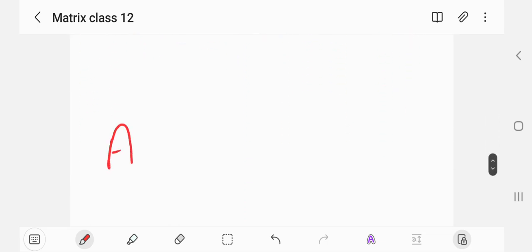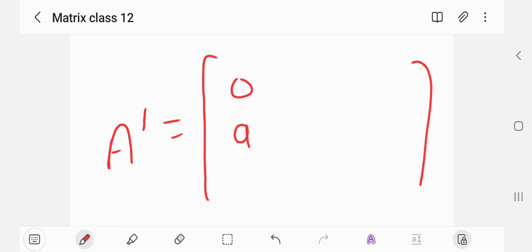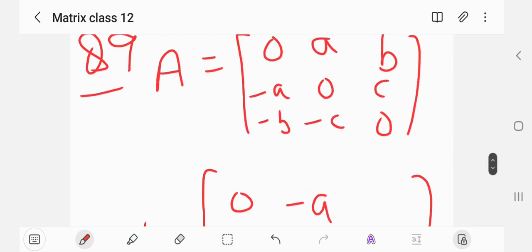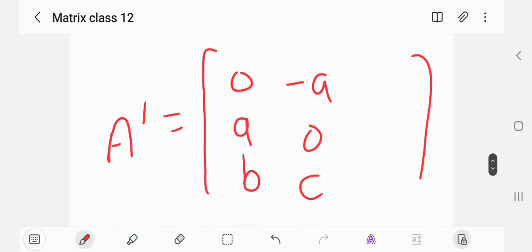If I find A transpose, my matrix will become [[0, -a, -b], [a, 0, -c], [b, c, 0]], and this is my A transpose.